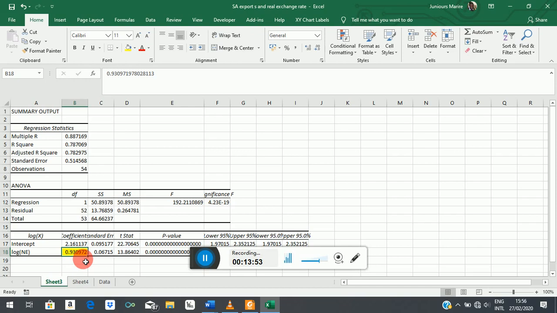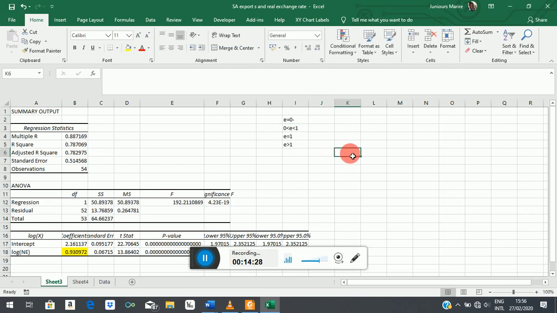So our exports are responsive. They are not very responsive. They are relatively inelastic. If you still remember your microeconomic theory, if you have elasticity between these ranges, or if you have your elasticity being equal to 1, or if you have an elasticity greater than 1, if you have your elasticity equal to 0.